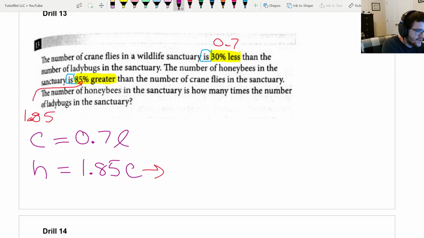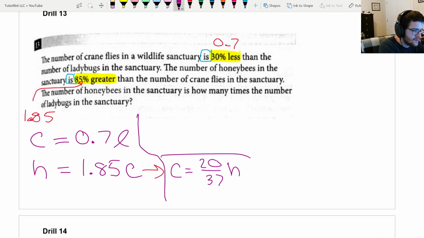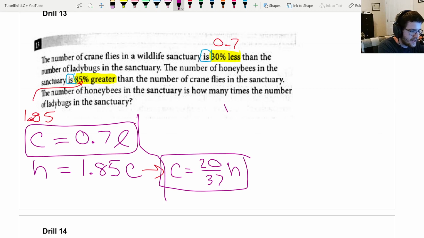So C is equal to 20 over 37 H. Again, I just did 1 divided by 1.85 on my calculator because I divided both sides by 1.85. Now I have these two equations, and they both have C by itself. So we can now set them equal. So 20 over 37 H equals 0.7L.